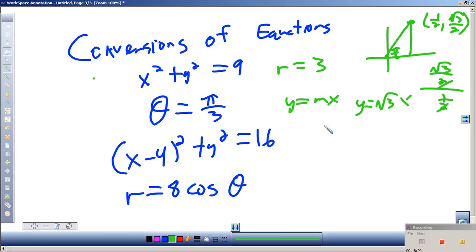First, what's the shape? Circle. How is it shifted? Okay, right 4. What's the radius? 4. Okay? So, if we were just sketching this, it would look something like this.